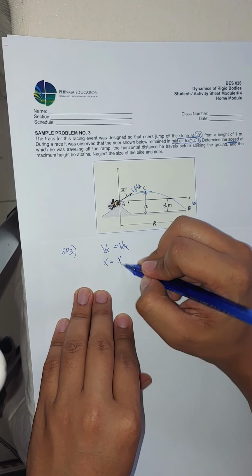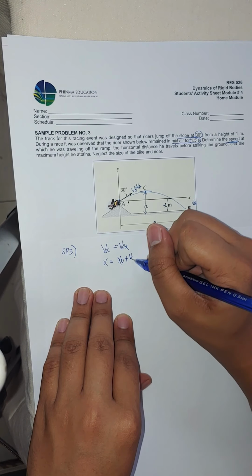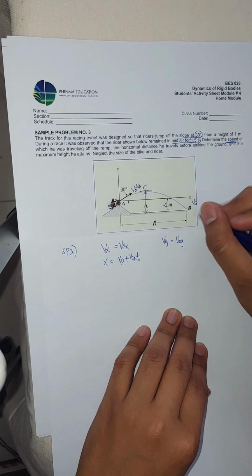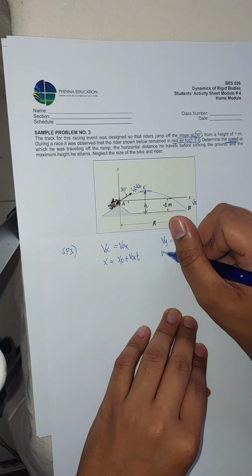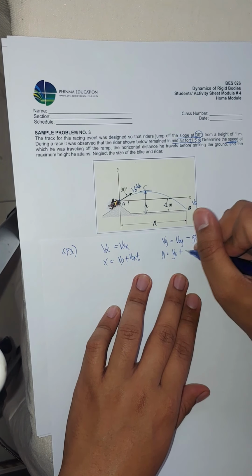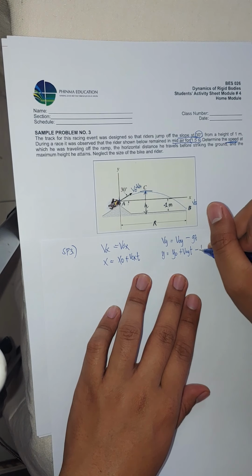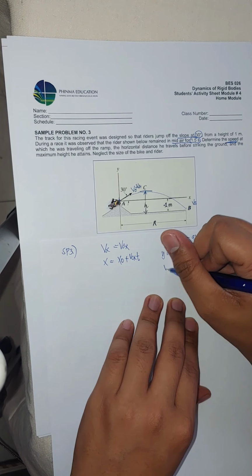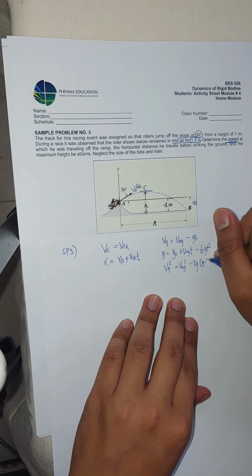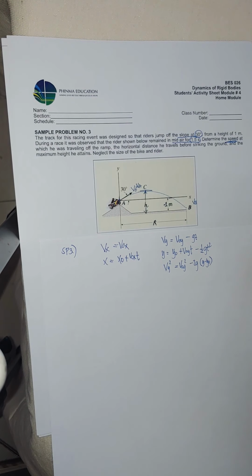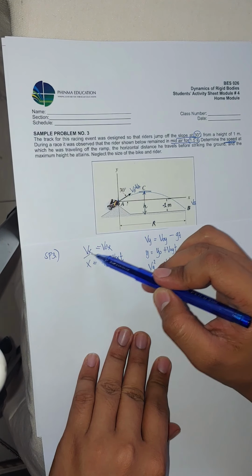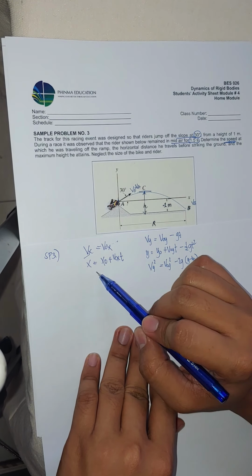So we have five equations: Vx = V0x, Vy = V0y minus GT, y = y0 plus V0y T minus 1/2 GT squared, and Vy squared = V0y squared minus 2G (y minus y0). Which equation can we use? The velocity is unknown, so we cannot use this one.